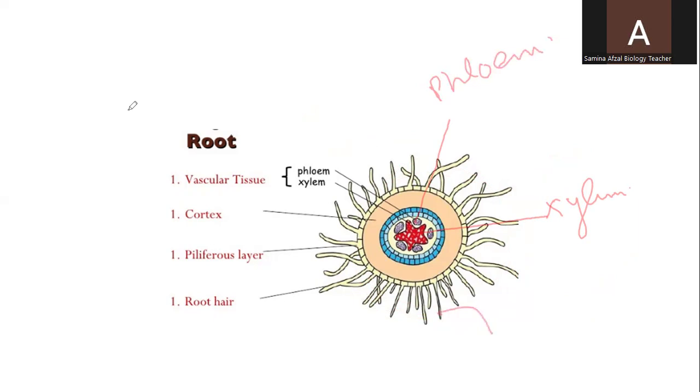You can see these are root hairs which are present, because this is the transverse section of the root, and this is the cortex. The piliferous layer is the outermost, which covers all sides of this root, then phloem and xylem. So this is the location of xylem and phloem in the root.